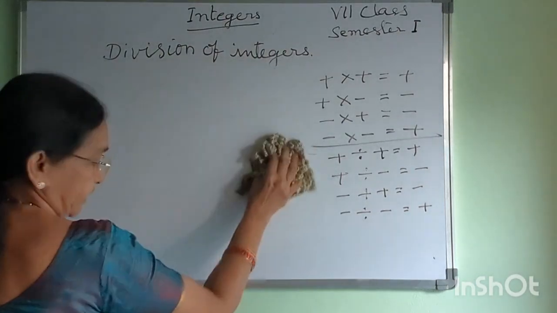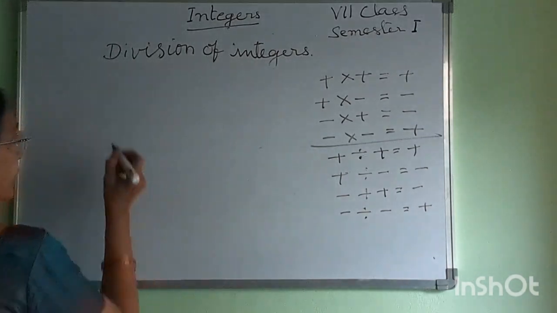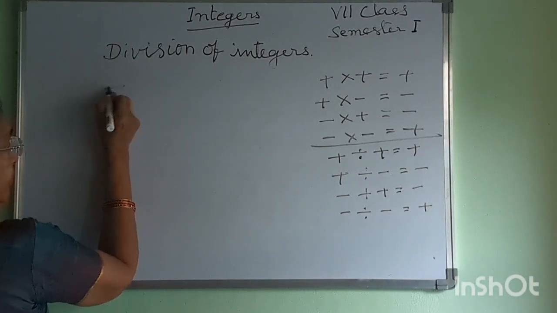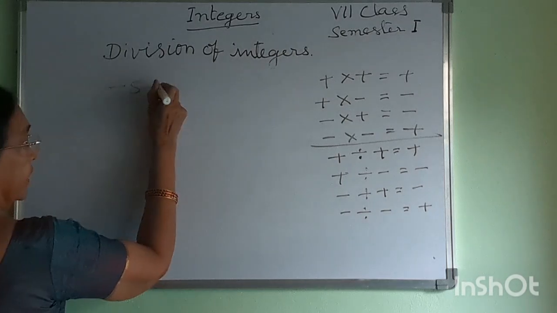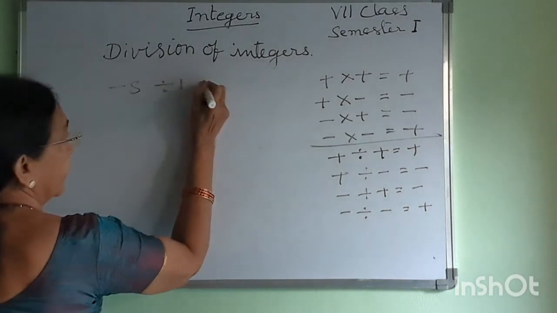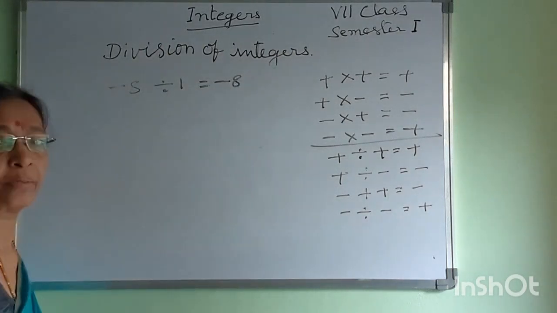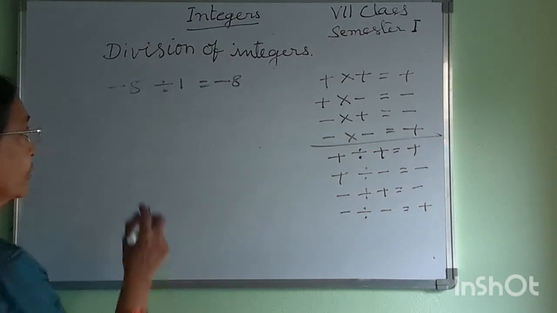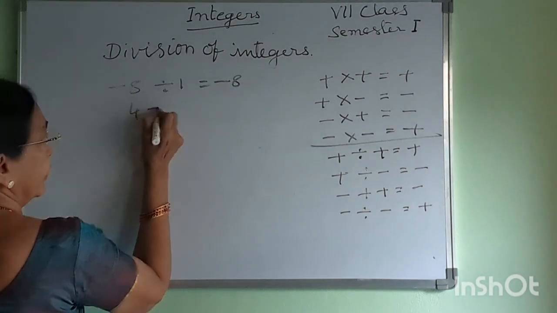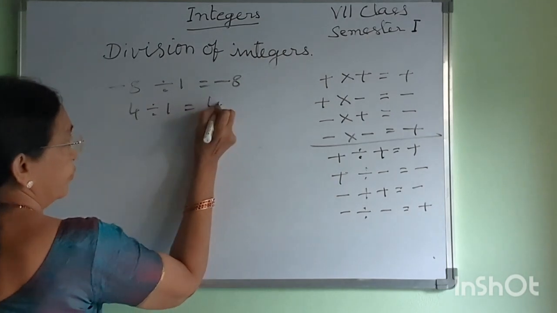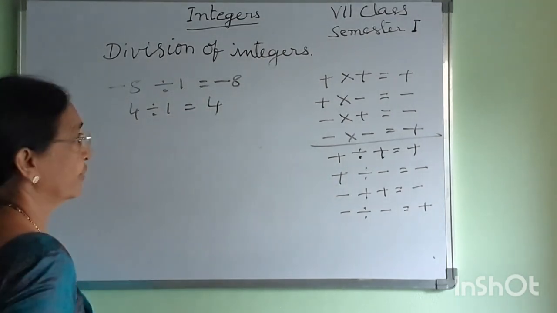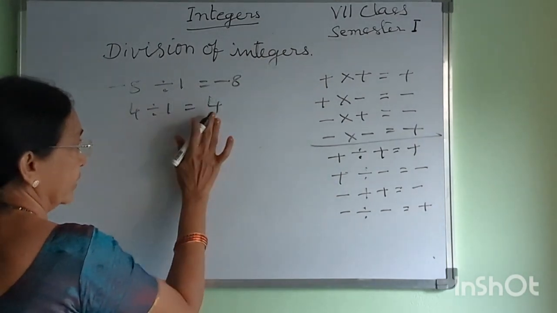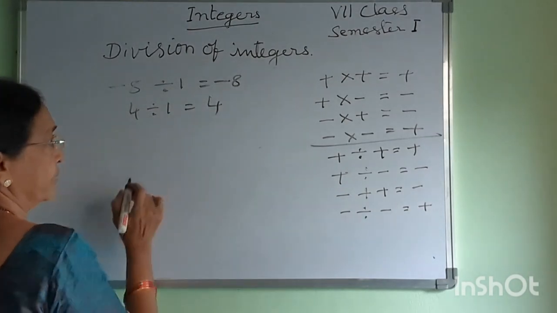If an integer, suppose minus 8, is divided by 1, we get the same integer. Minus 8 divided by 1 is equal to minus 8, or 4 divided by 1 is equal to 4. Therefore, when an integer is divided by 1, we get the same number.